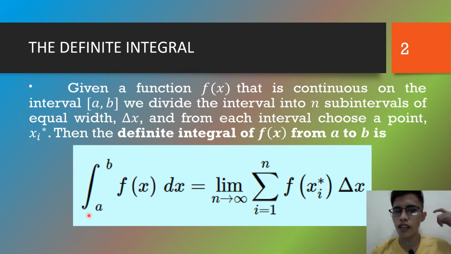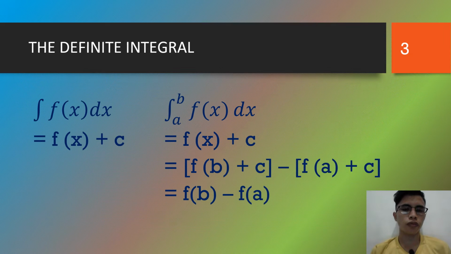So it is read as the integral of f of x dx from a to b, or evaluated from a to b, is equal to the limit of the summation of f of x sub i change in x, where i is a number from 1 up to n, where n approaches positive infinity. So that is the definition of a definite integral.